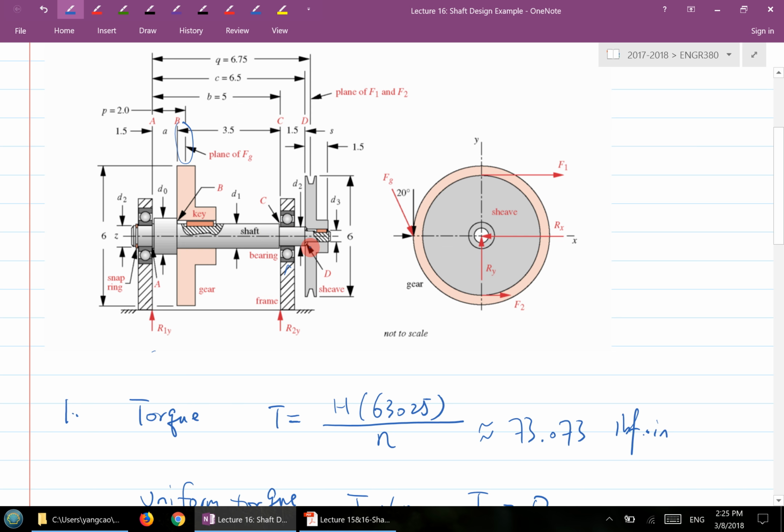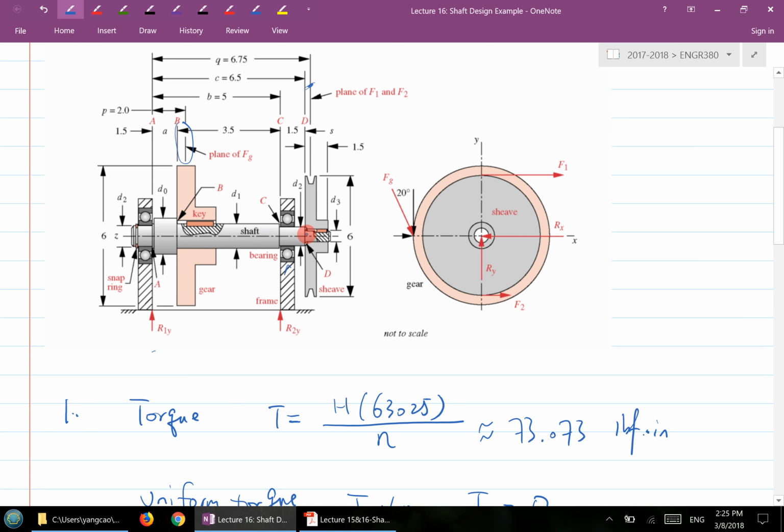D also has a small shaft size step change, and D happens to be just before the end of this shaft. The center of the sheave is the end of the shaft, so there's a very small distance over here. That's where your D is. So there is a small bending moment at the D location, and also a torque at the D location.